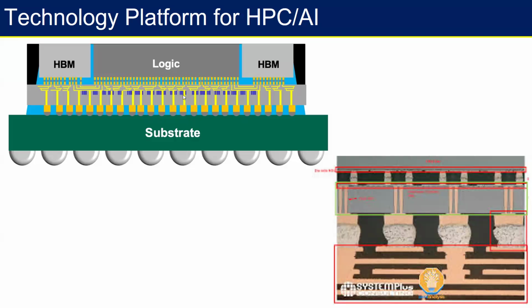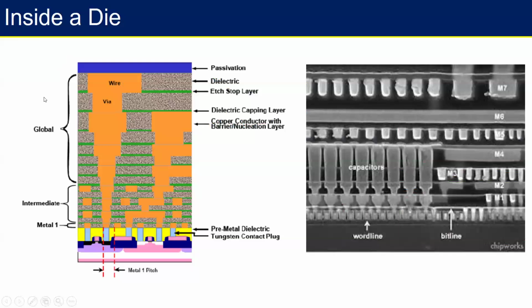So now we go to the brain of all this, which is your die, where we will just look inside the material. On the left, you see a typical logic die, right? Where you go all the way. So where is silicon? You know the silicon is obviously sitting on the bottom, right? Because you are making everything on a substrate.